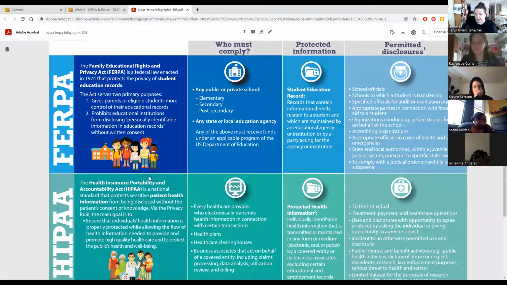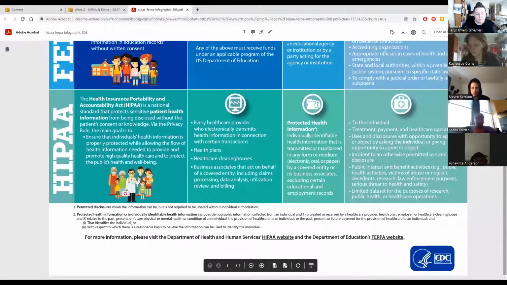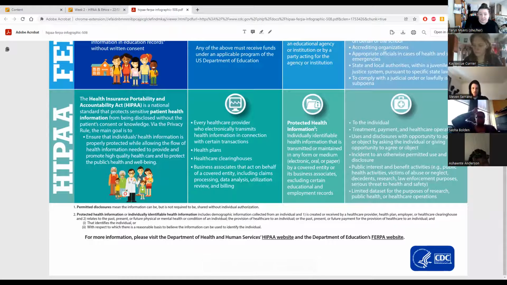abide by this policy. So let me scroll down a little so we can get all the HIPAA information on the screen. And so this is basically to protect your health information, but then also allows you to give permission for other people to access it as need be. So for example, I'll give you an example from my personal life.